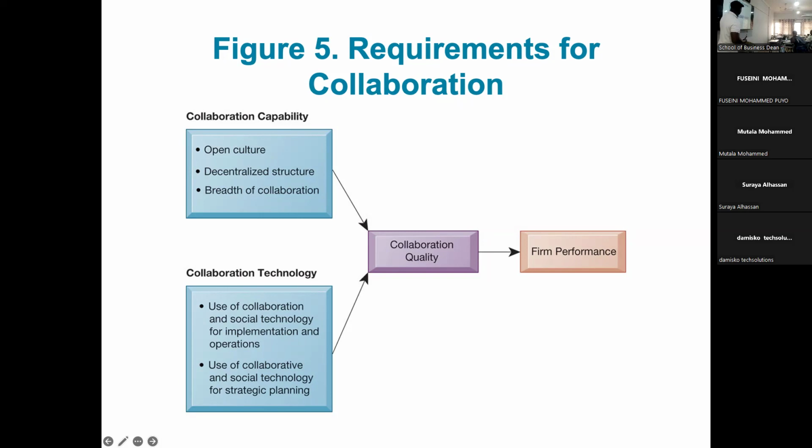They are saying that these two can lead to collaboration quality, and overall, it can lead to firm performance. Performance in terms of whether you can survive. If your firm has survived something, it's performance. Performance in terms of customer-supplier relationship, in terms of competition and survival and many others.